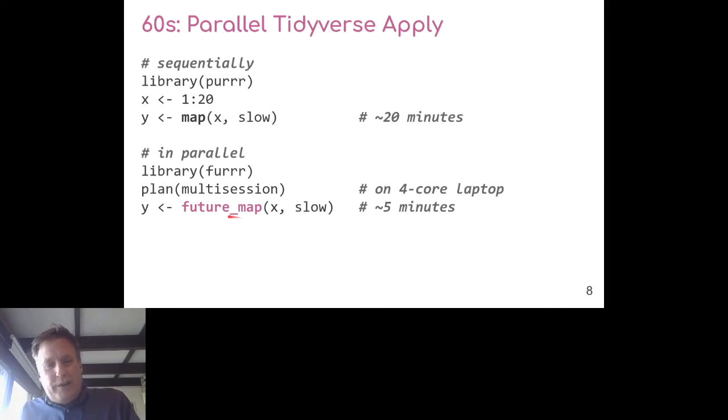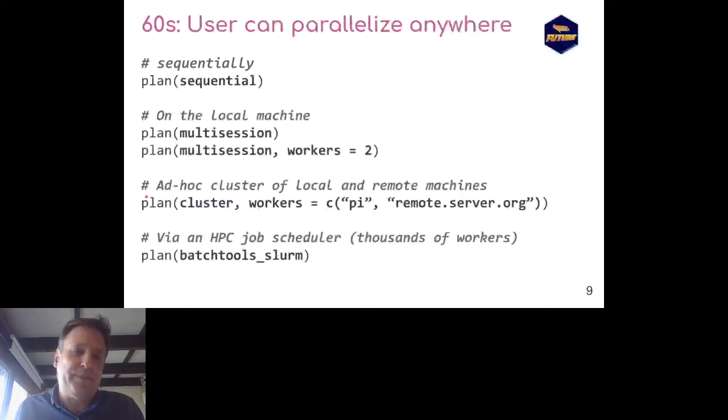If you look here, a key design feature of the future framework is that we separate how to parallelize, that's the plan here, from what to parallelize. So when you program, you just decide what to parallelize, and then we leave it to the end user to decide how to parallelize, because the end user is the person who knows best what computational resources they have.